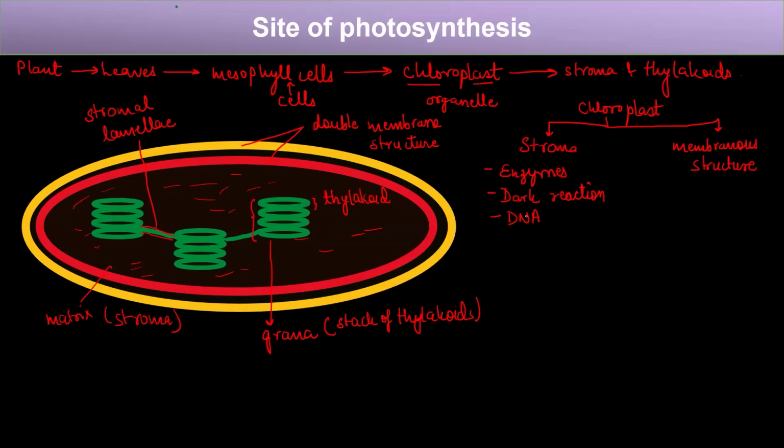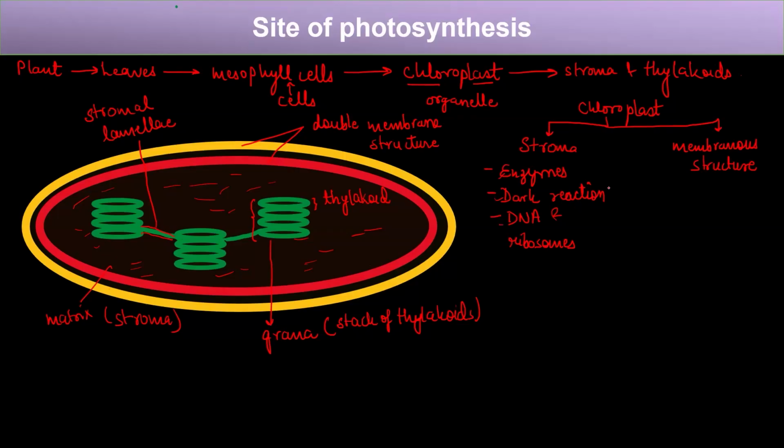The stroma also has ribosomes, because they perform their own protein synthesis. So the stroma consists of enzymes, is the site of the dark reaction, and has DNA and ribosomes.